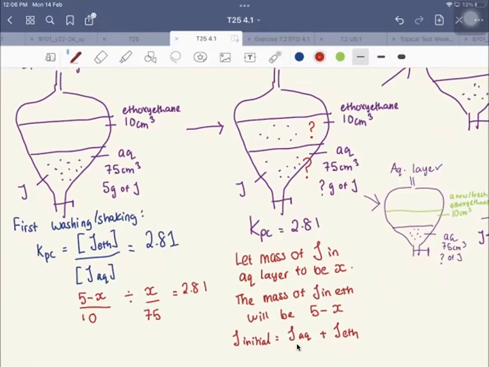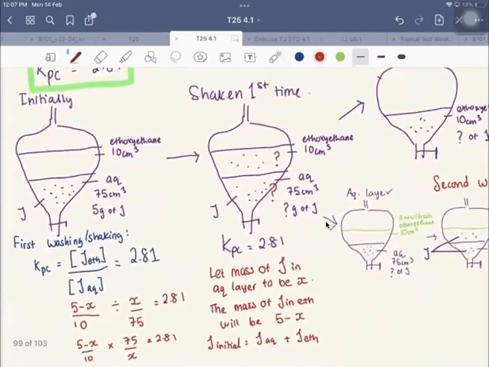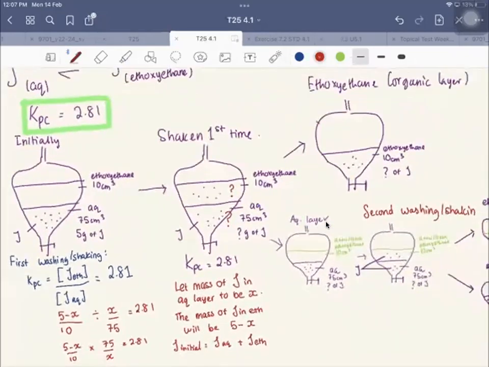So you have to solve the expression. That means 5 minus X over 10 times 75 over X equals 2.81. Can you please help me solve that and give me the answer when you find it? I will do it manually on a paper. I will just zoom out a little bit.